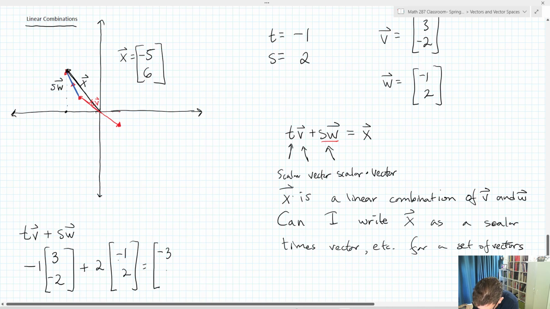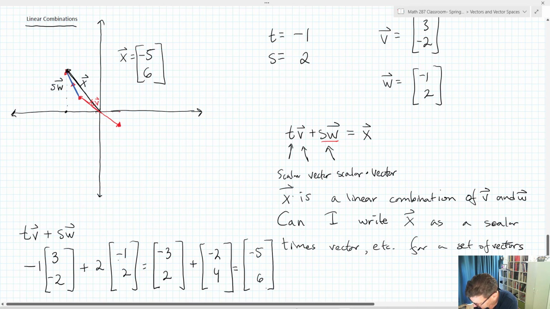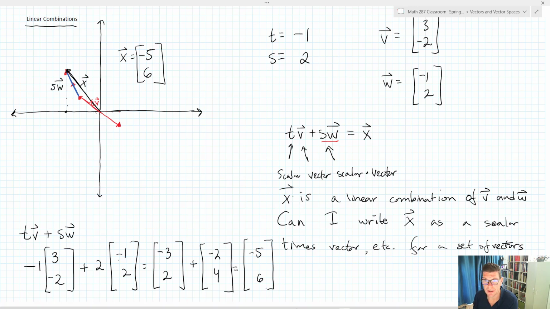So this becomes negative 3, 2, plus negative 2, 4. And when we add them together, this ends up equaling negative 5, 6. And that's how we do scalar multiplication. That's how we actually write linear combinations, by combining scalar multiplication and vector addition. Super important, really valuable.